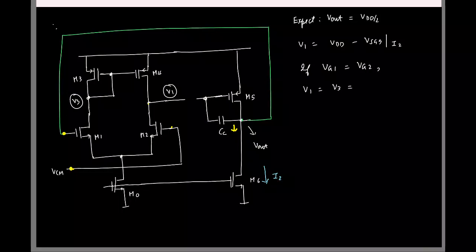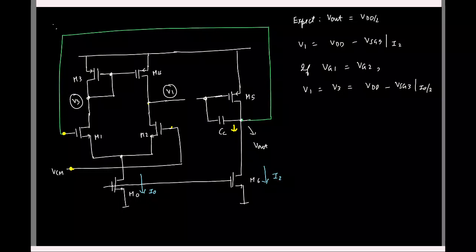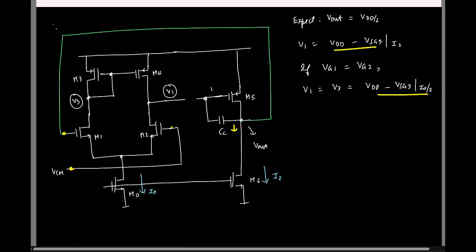And what is V3? Let's say this current is I0, okay? So VDD minus VSG3 at a current I0 by 2.